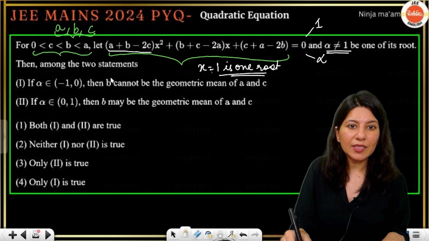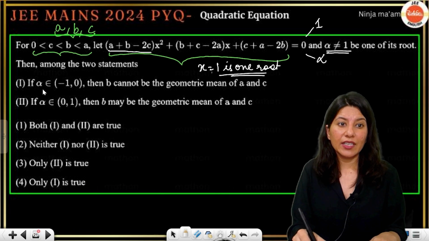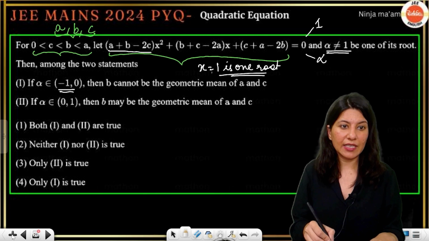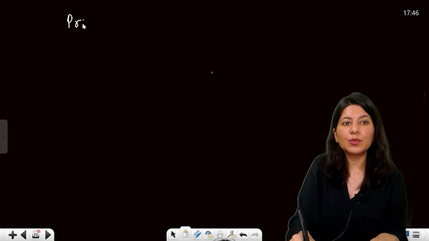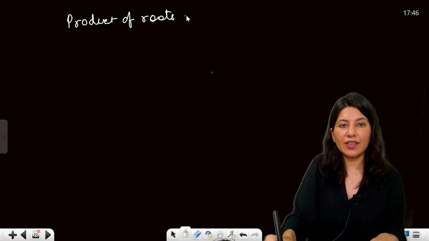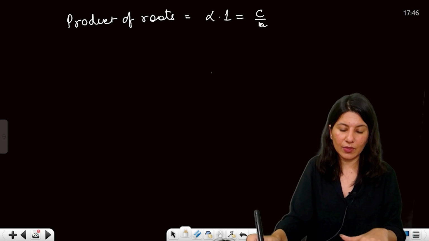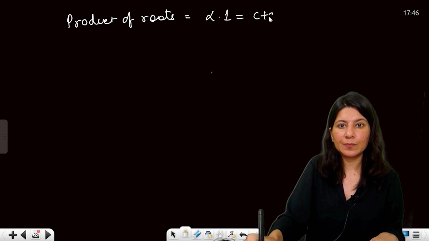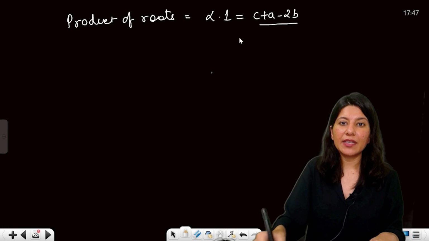Now among the two statements, which one is correct? First statement says that if alpha is belonging to this interval. Let me just take another page. So just tell me product of roots. Because one root is alpha and another root is 1, product of roots is C by A, right? In this case, C by A will be C plus A minus 2B upon A plus B minus 2C.